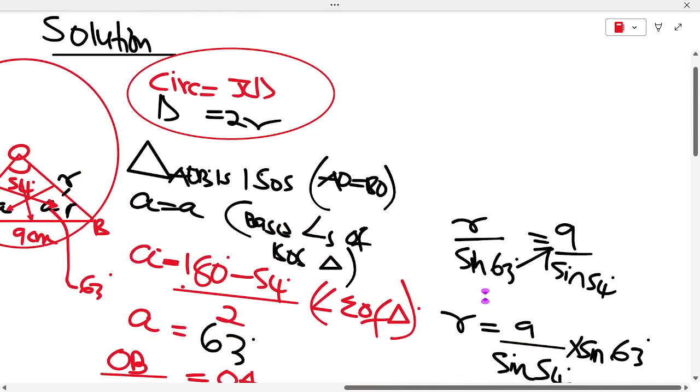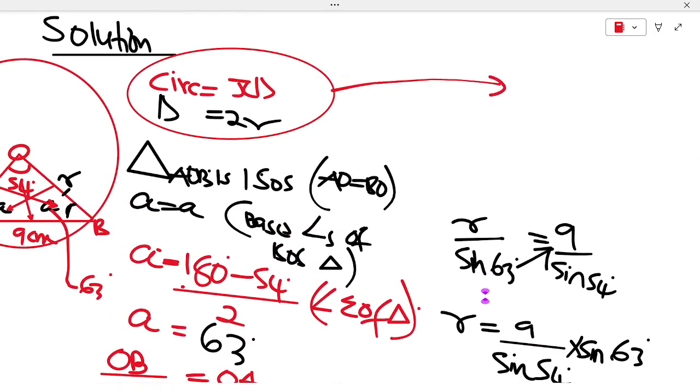Therefore, the circumference of a circle will be equal to pi d.